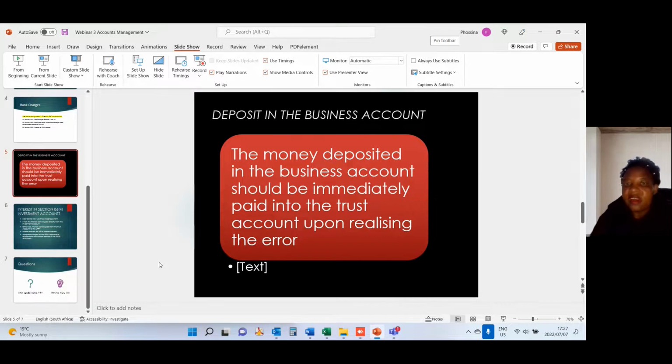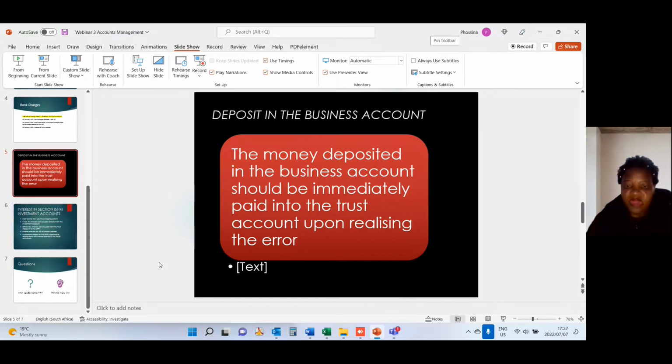You don't have to even notify the LPC to say, I have made an error, I have received money in the business account. But probably you can then notify your bookkeeper so that when they are recording the transaction, they do not record it as if it was part of the business transactions, or as if a debtor was paying for an invoice.